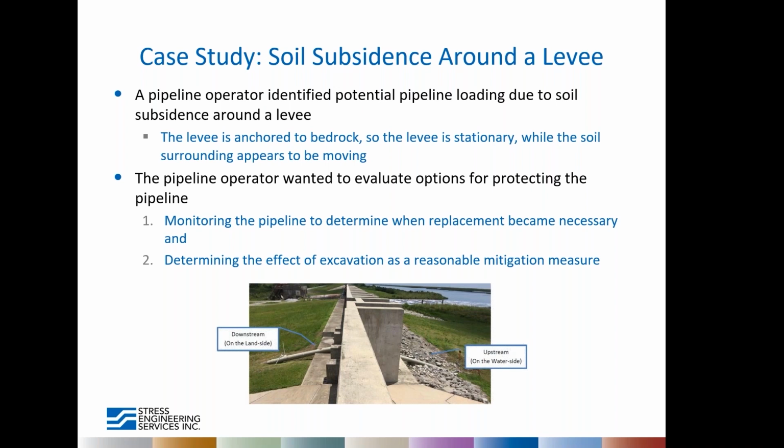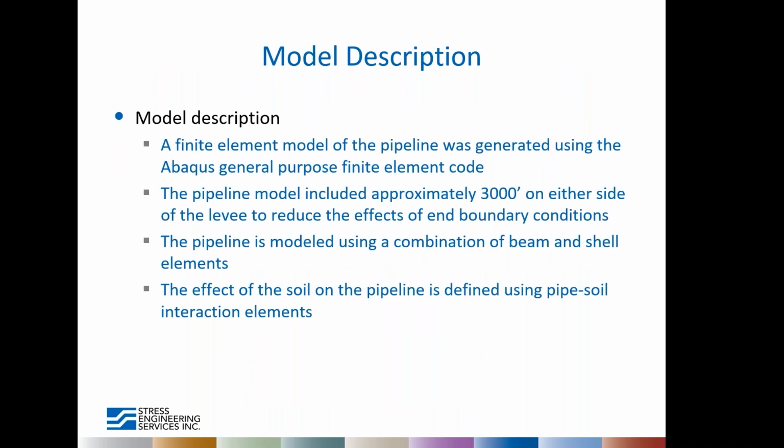So the pipeline operator wanted to evaluate options for protecting the pipeline, monitoring the pipeline to determine when replacement became necessary, as well as determining the effect of excavation and other reasonable mitigation measures. So what we did is we built a finite element model using Abaqus general purpose finite element code.